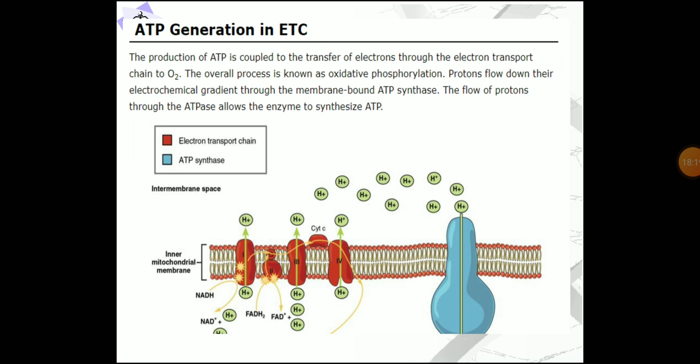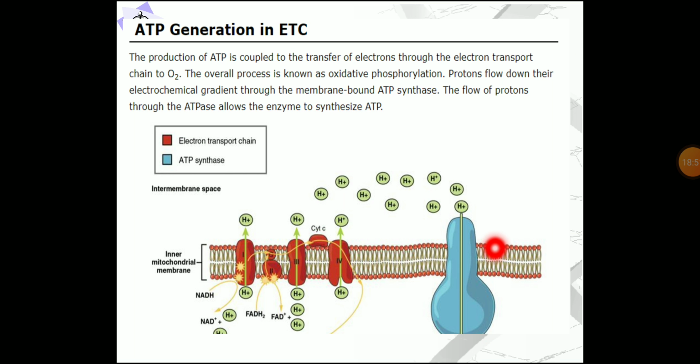ATP generation in the ETC will be taken separately. Anyway, the production of ATP is coupled to the transfer of electrons through the electron transport chain to oxygen. The overall process is known as oxidative phosphorylation. Protons flow down their electrochemical gradient through the membrane-bound ATP synthase. So there is a proton gradient, an electrochemical gradient, and the protons flow through the membrane-bound ATP synthase.